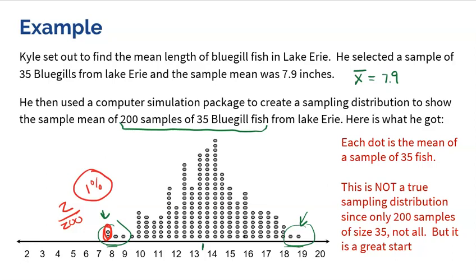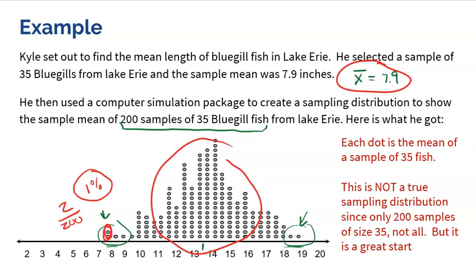Only 1% of samples were as low as Kyle's. So I'm going to go ahead and say that Kyle's sample was pretty low. I mean, look at how many samples were 12, 13, 14, 15 inches on average. 7.9 was unlikely.